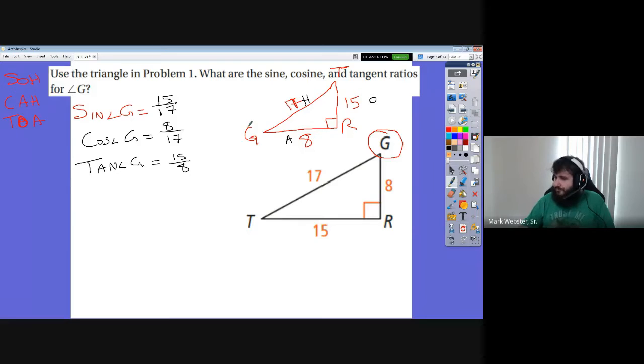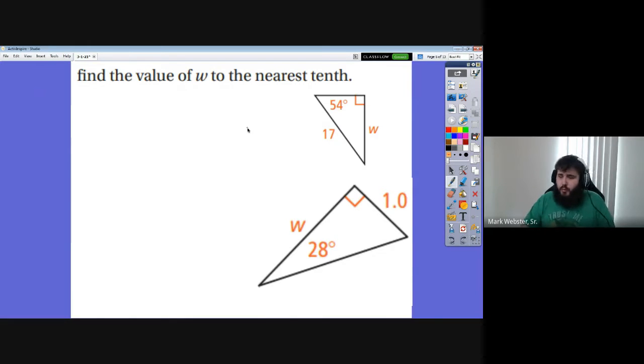Yeah? So now we want to actually solve for something. I'm going to do a couple examples with this one. Now, we're at the point where we have to have a calculator in order to do this properly.